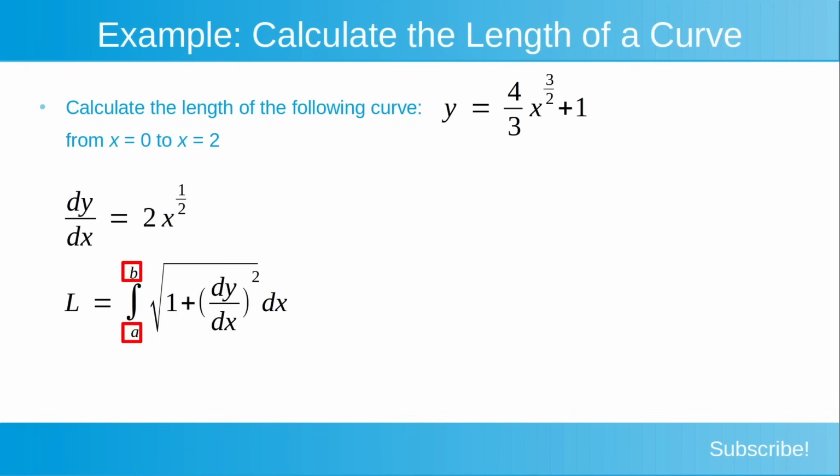Our limits of integration a and b are determined by our closed interval from x equals 0 to x equals 2. We set our lower limit of integration a to be equal to 0, and we set our upper limit of integration b to be equal to 2.